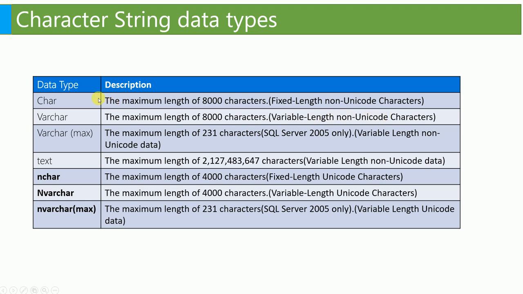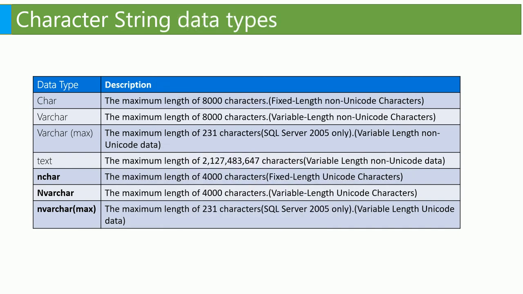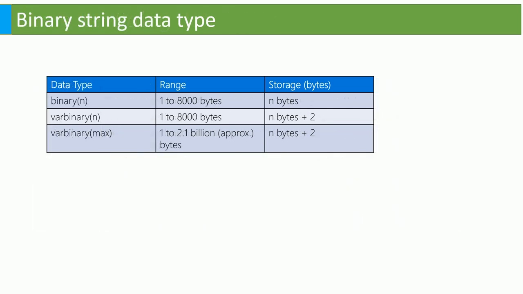So there is a very small difference between them. By the description they look almost the same, but when you use the data in a query you can see the difference. In my coming video I will show you how exactly all these data types work. Okay, let me go to the next slide.